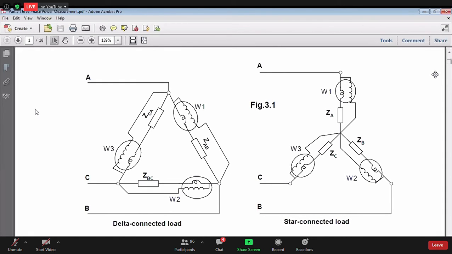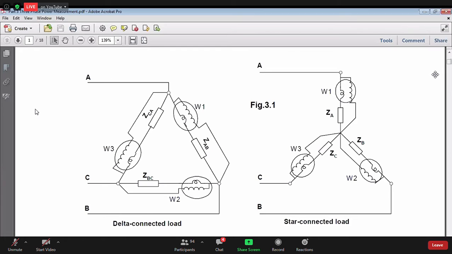So if I take W1 plus W2 plus W3, and here I must tell you, young friends, remember that these are meters. When you take this measurement on your table, there will be 3 meters, and on these 3 meters you will get 3 readings. Let's say one is showing 100, the other is showing 51, the other is showing 22. So your total power will be 100 plus 51 plus 22. That's how we measure. It's as simple as that.